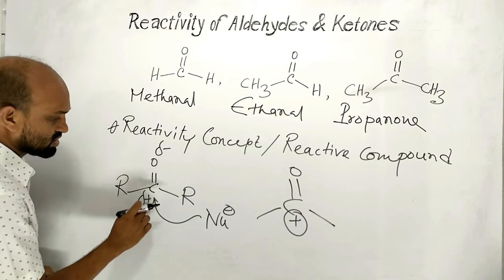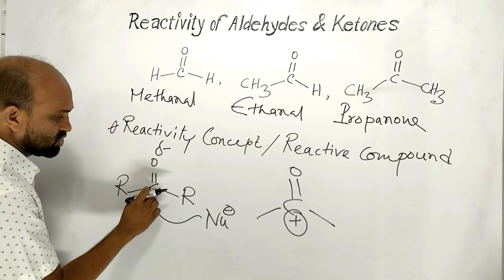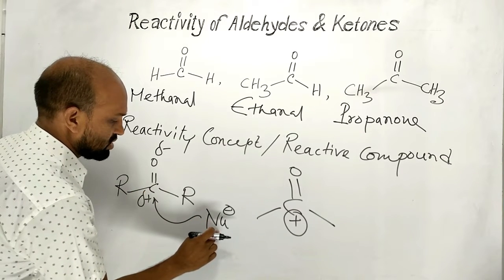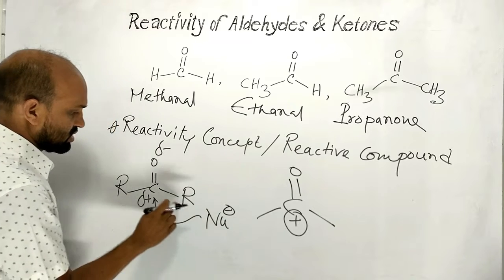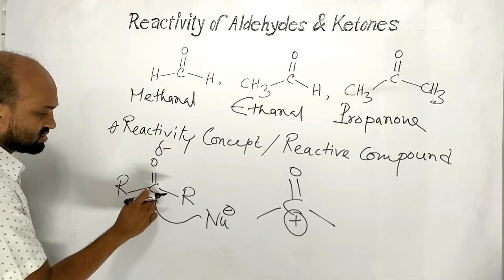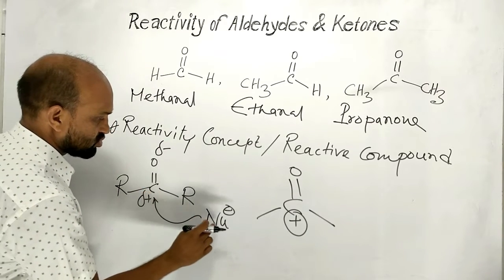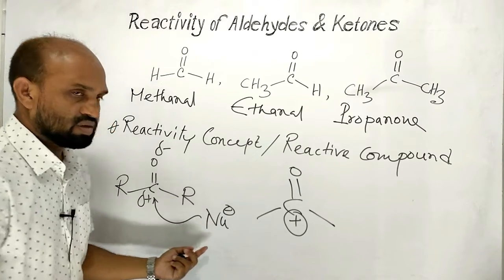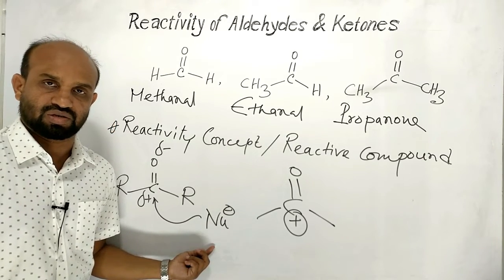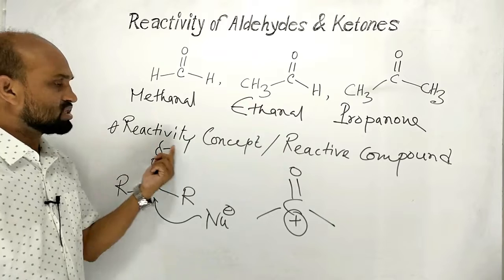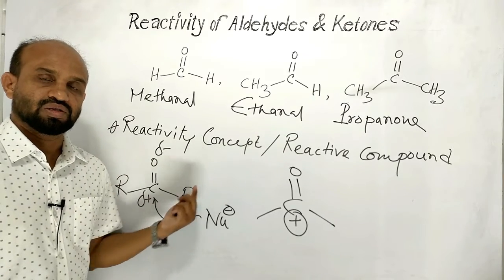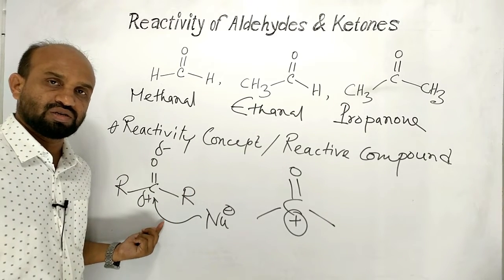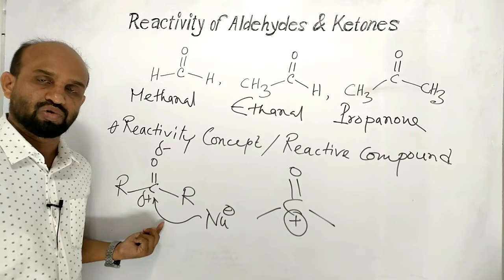The more the charge density, it will interact with nucleophile strongly. If the charge density is less, it will interact with nucleophile with less interest. This is about the reactivity concept. The more the charge density, the compound will be more reactive.